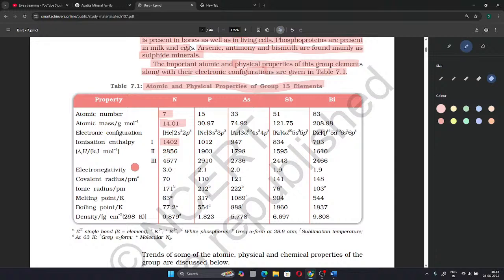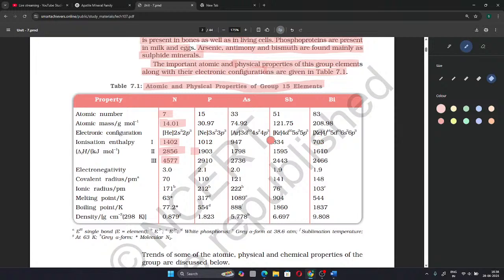And the second is also the highest in all the group, with the third one also being relatively very high compared to the other elements. And the order, for the first enthalpy, is nitrogen followed by phosphorus, arsenic, antimony and bismuth.